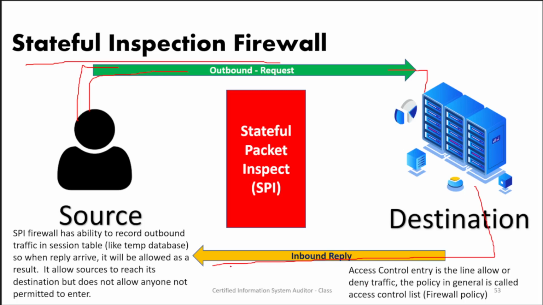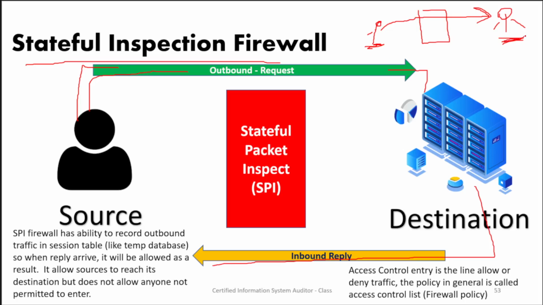Just to make you understand this better, in a stateful inspection firewall, we can allow someone from inside to communicate with the outside world. Is that clear? As long as we have a policy that permits this one to communicate with anyone else, the firewall will allow the outgoing traffic going outside the network.